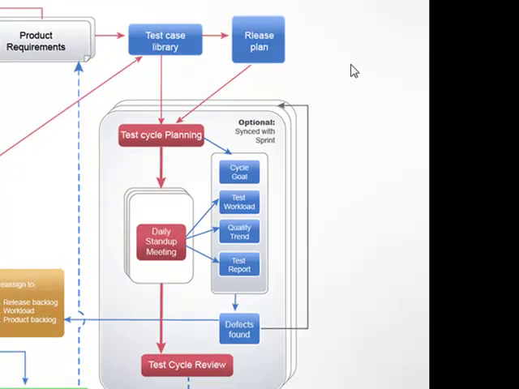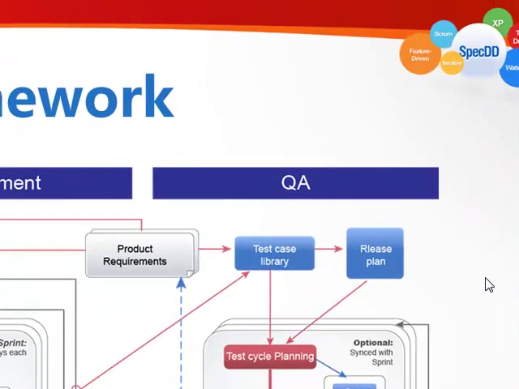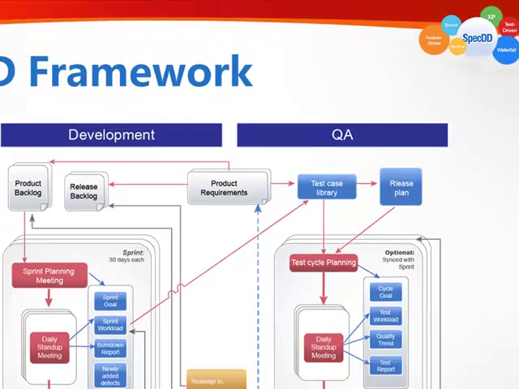Passed over, the QA, even before they receive the working software, has already developed their test case library, created based off of the requirements, again, from the product owner and the stakeholders. The test case library consists of all the test cases that will be run against the working software.